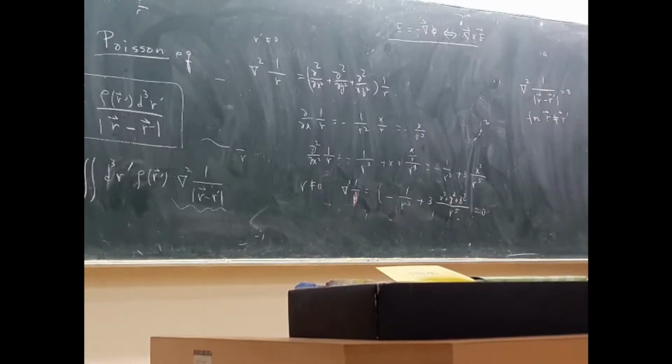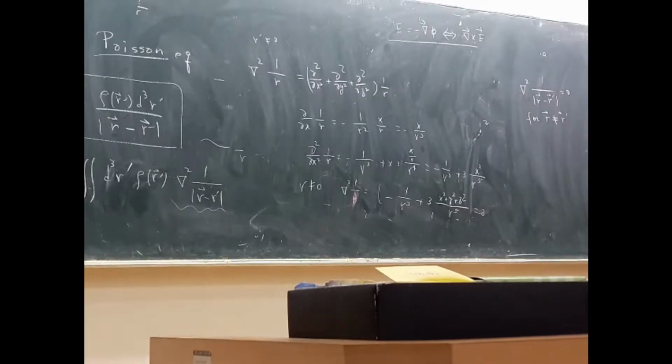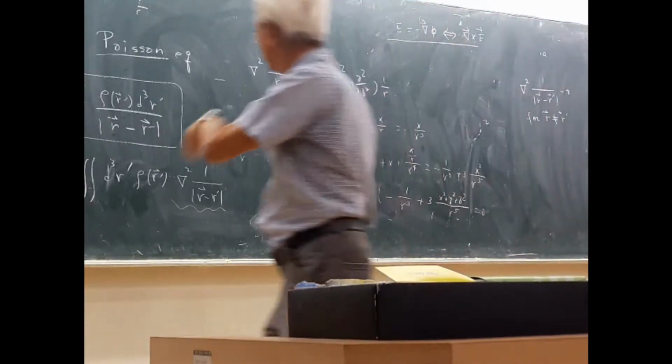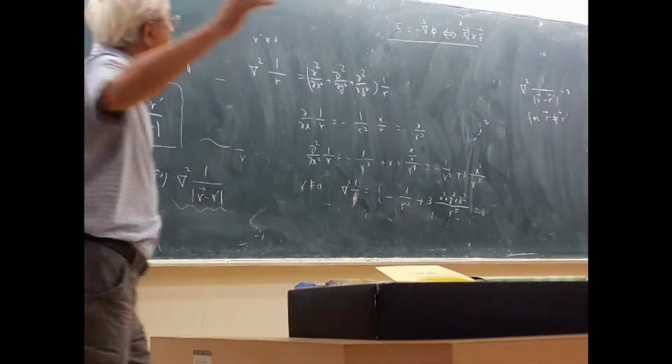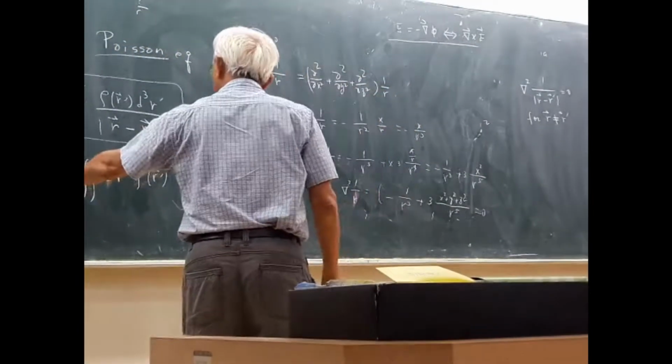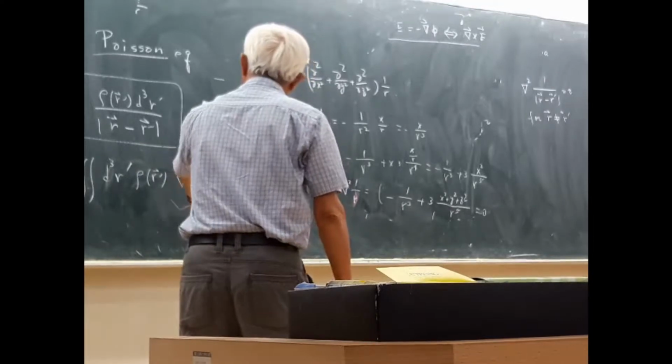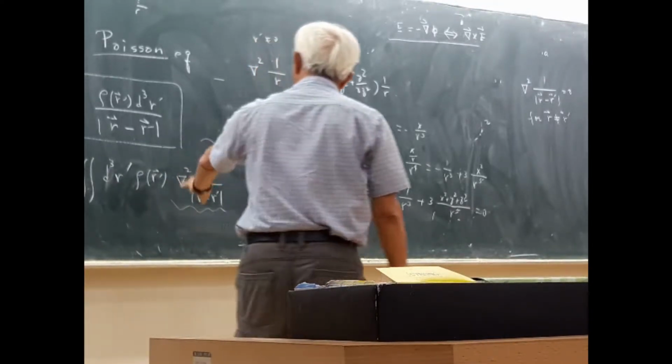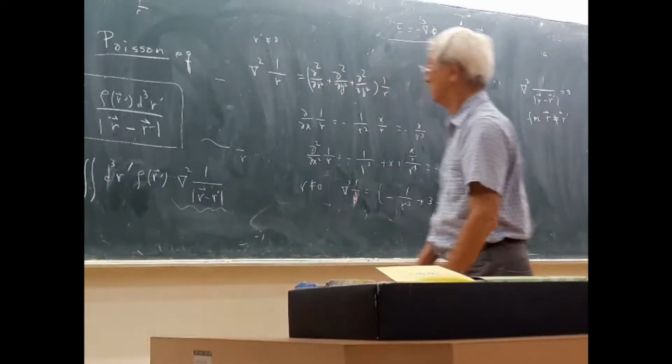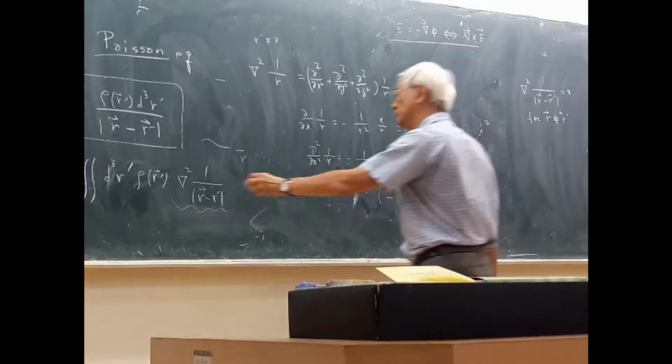And so when we make this integration, everything is 0. Everything is 0 for r not equal to r prime.